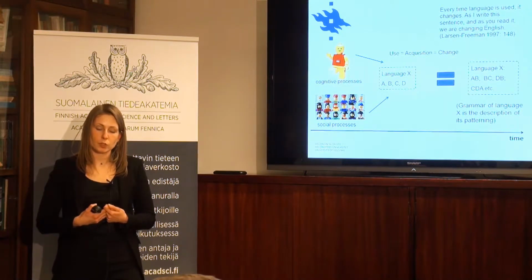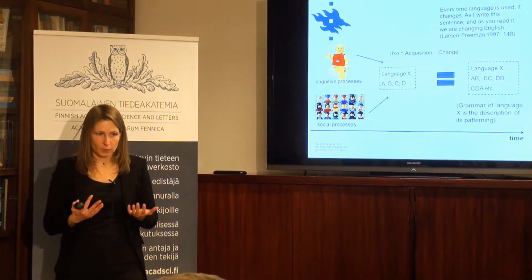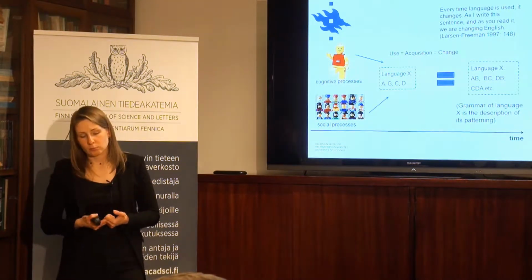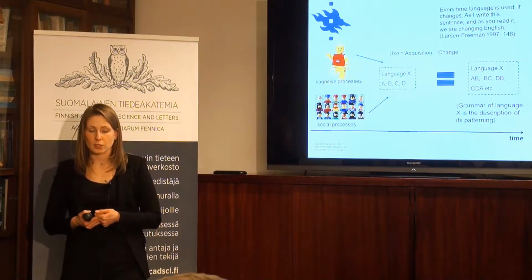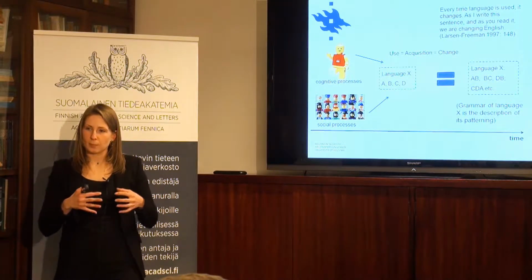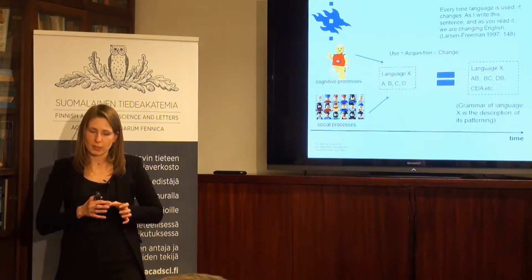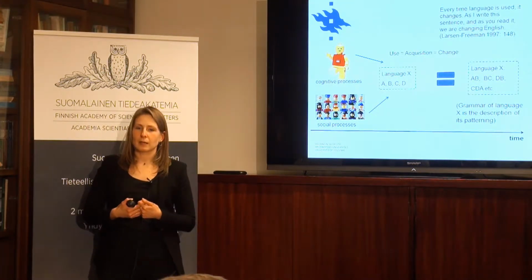One thing which is very natural to language is emergent patterning. So let's put it very abstractly and theoretically. There are elements A, B, C, D, and through usage they become glued into certain kinds of patterns like AB, BC, CD, DA, etc.